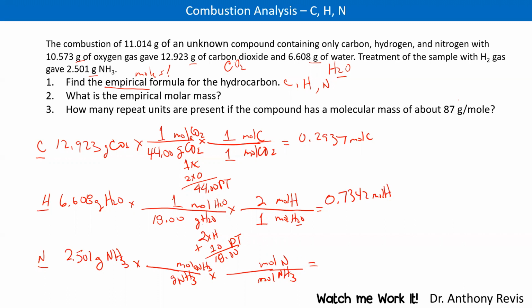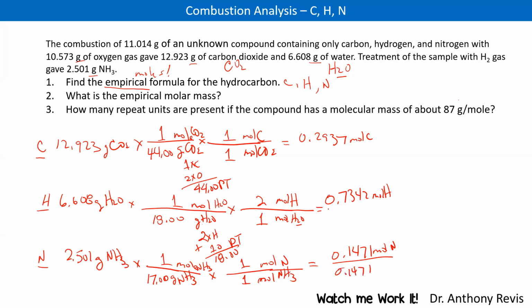So let's see what we have. The molar mass of NH3 is 17 grams per every 1 mole. The relationship here is for every 1 mole of NH3, we have 1 mole of nitrogen. So if we punch these numbers through on a calculator, we get 0.1471 moles of N.